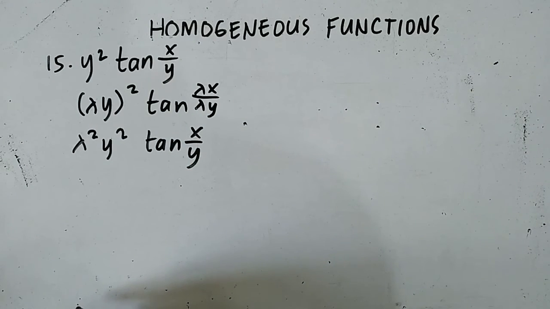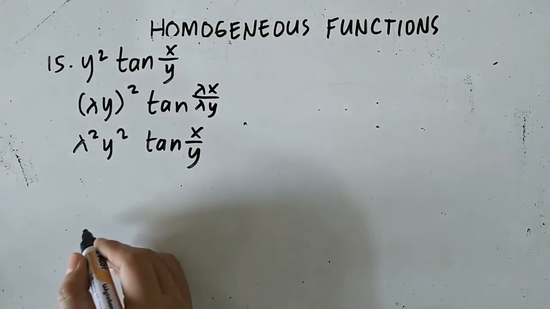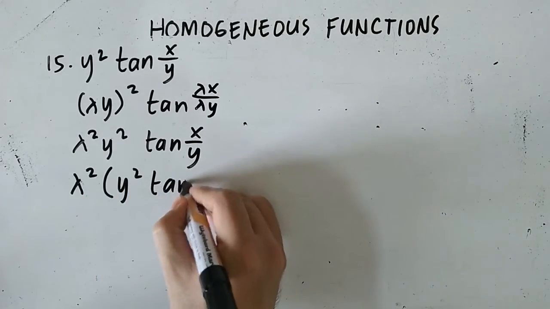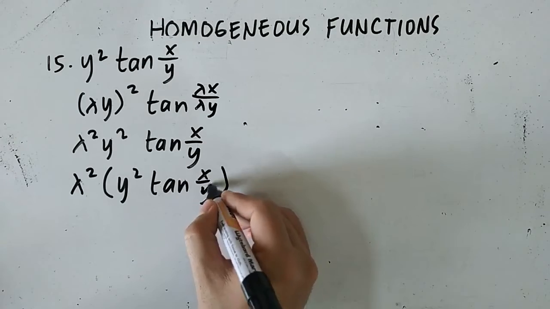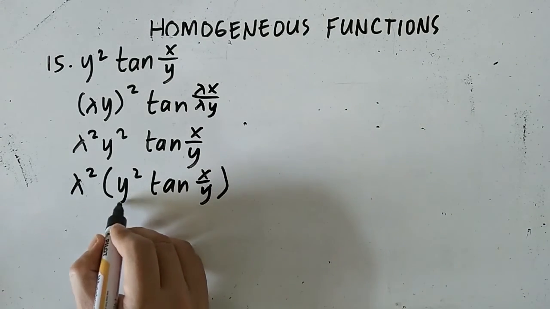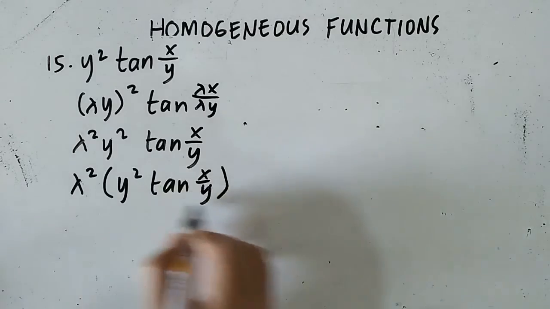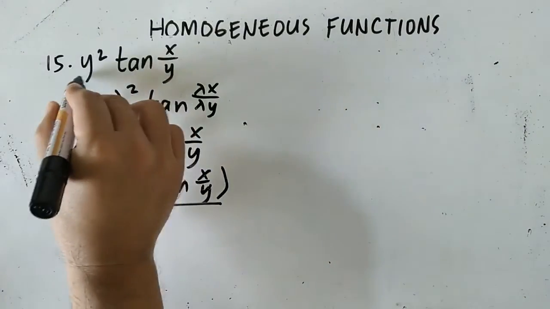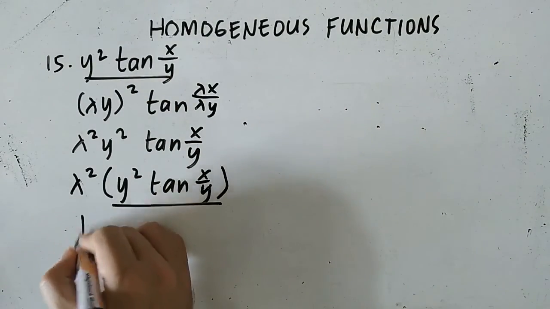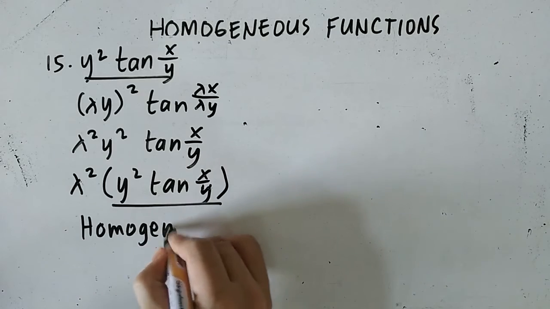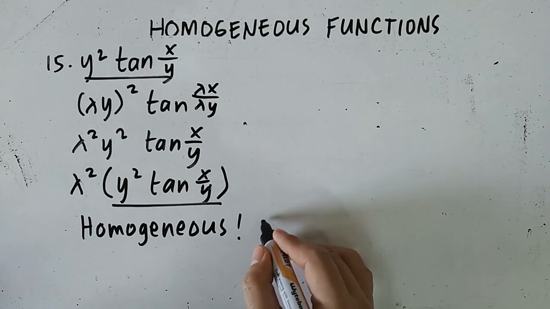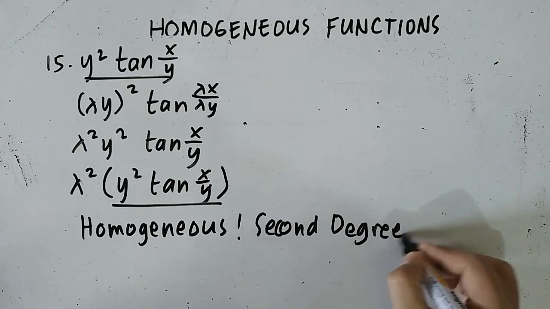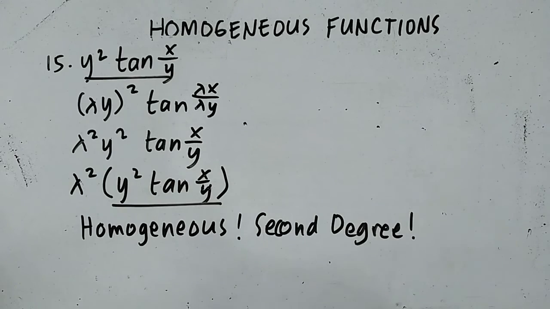And by the associative property of multiplication, we can group this factor together, giving lambda squared times y squared tangent x over y. Since this is already the original function, we can conclude that the function is homogeneous to the second degree.